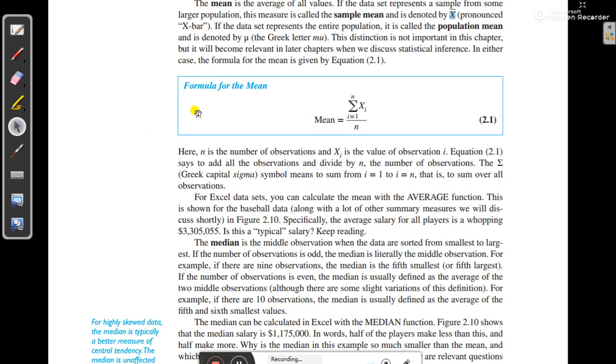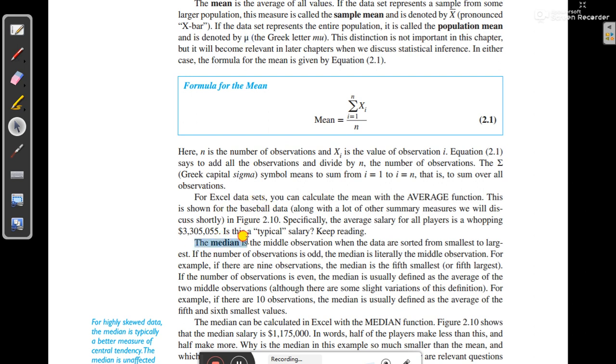And population mean will be denoted by mu. Basically this mean is nothing but the average of the values.